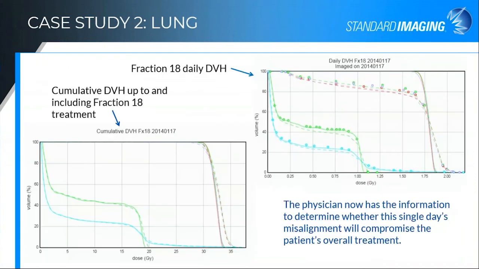If we look at the DVH curves for this patient, on the daily DVH plot, in the circles, you see today's dose that was calculated on today's cone beam CT. The dashed lines are those doses mapped back to the planning image, and the solid line was the plan for comparison. So you can see the under coverage of the target on the day of the misalignment.